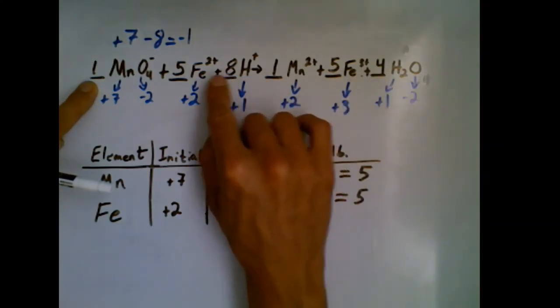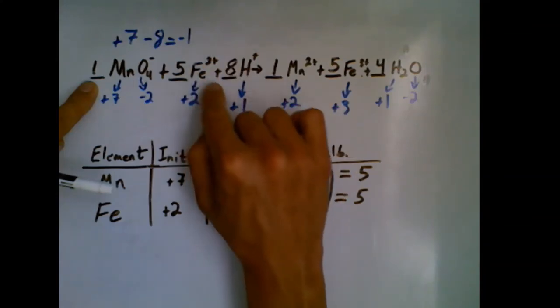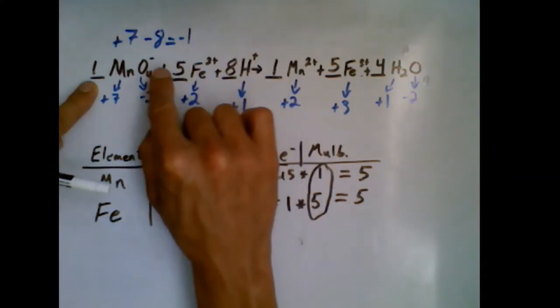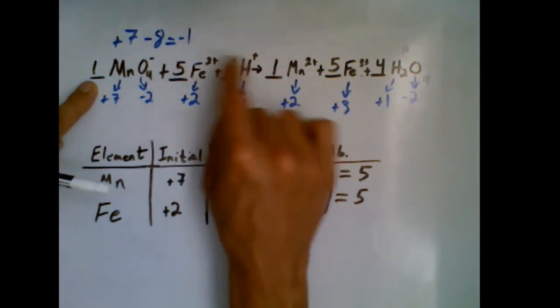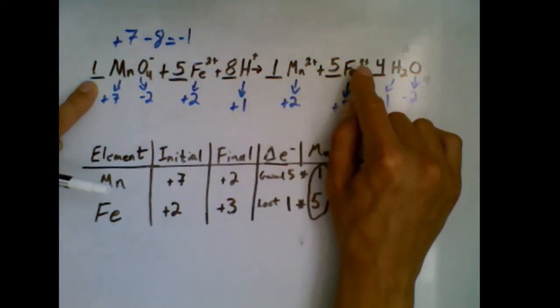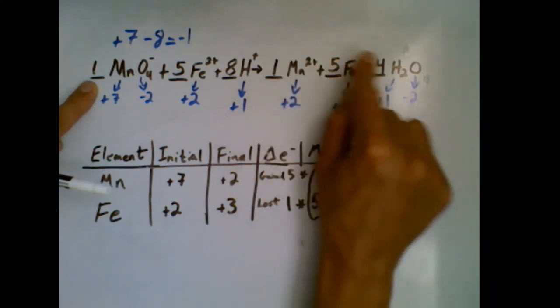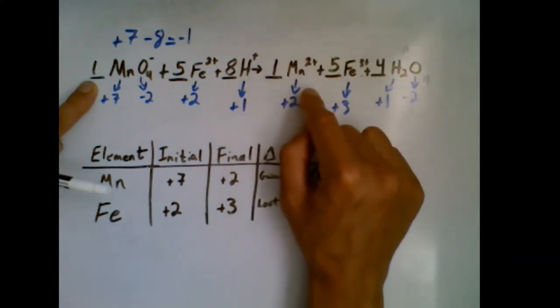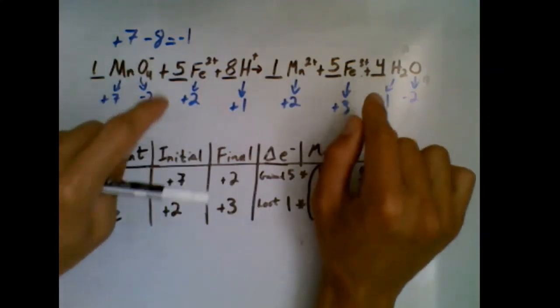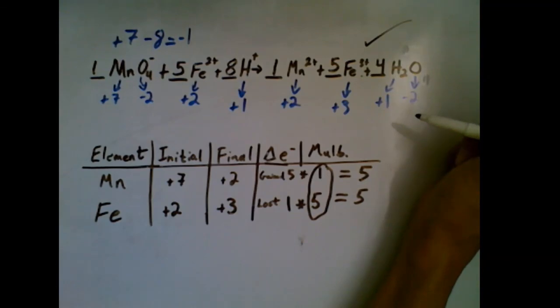For my total positive charges, I have 18 positive charges, 18 minus 1, so 17 positive charges on the left. 5 times +3 is 15, plus 2 is 17. 17 positive charges on the right. Charges are balanced, atoms are balanced, equation is balanced.